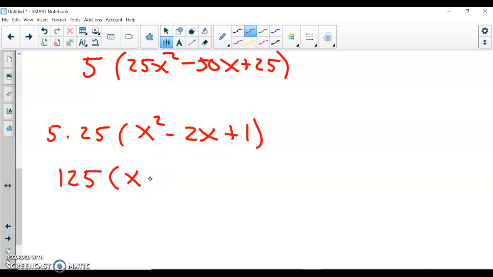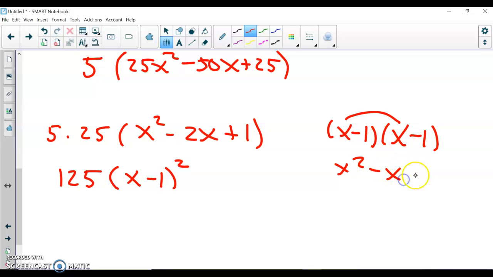Because it breaks down as x minus 1 times x minus 1, or we can write it as x minus 1 squared. If you're not too familiar with factoring, sometimes it's helpful to expand. You get x squared, you get minus x, you get another minus x, and then you get a plus 1. So this just proves this is how this trinomial will reduce as a perfect square trinomial.